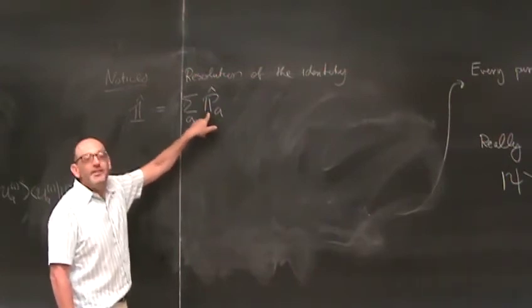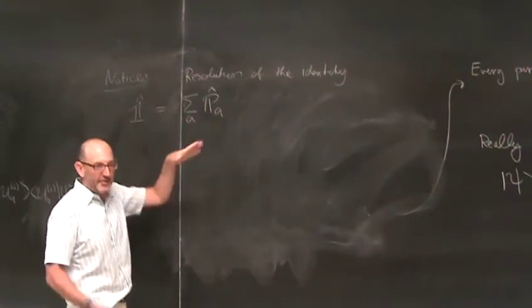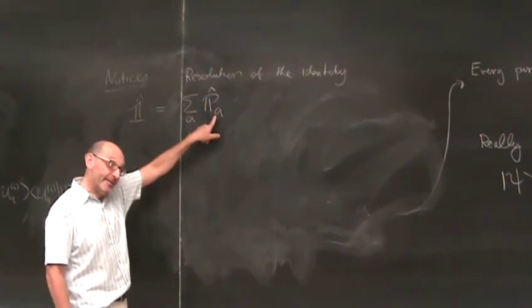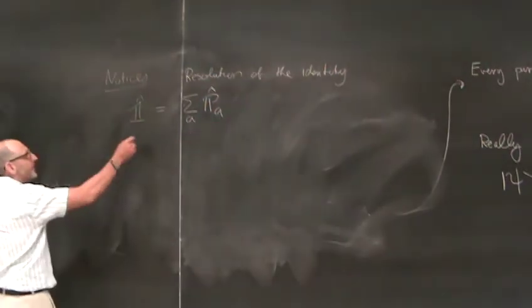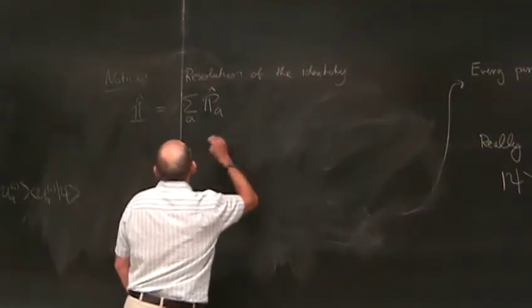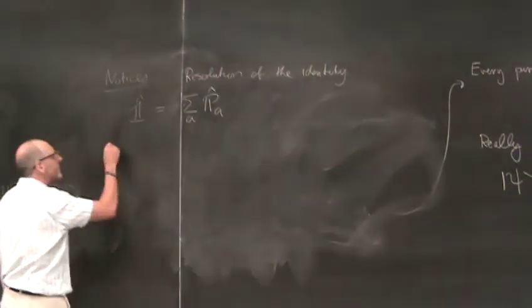That could be a sum of 1D projectors or multiple dimensional projectors, depending on the degeneracy of those eigenvalues. Because of that, this is a way of decomposing the probabilities.